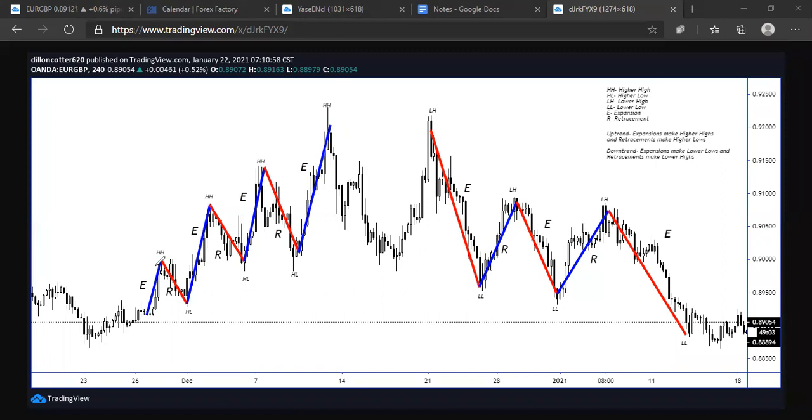But you can see every break in structure always makes a retracement. There doesn't always have to be a retracement, but 80 to 90% of the time there's at least a retracement at least 3/4 of the way.